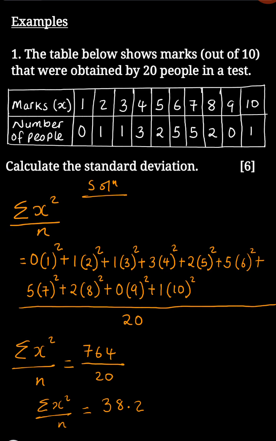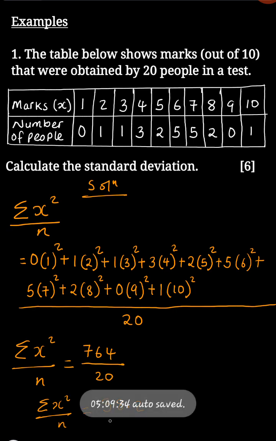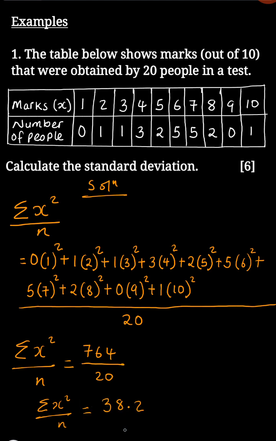In the first step, we calculated the mean. In the second step, we calculated the summation of x squared over n, which gave us 38.2.